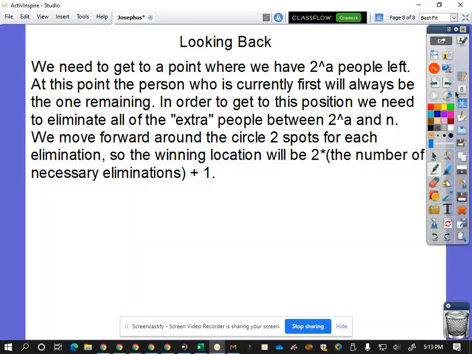So in order to get to this position, we need to eliminate all the extra people between 2 to the a and n. We move forward around the circle 2 spots for each elimination. So the winning location has to be 2 times the number of necessary eliminations plus 1.